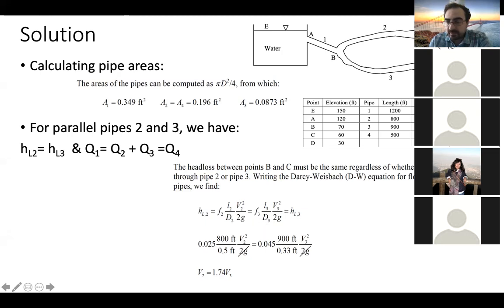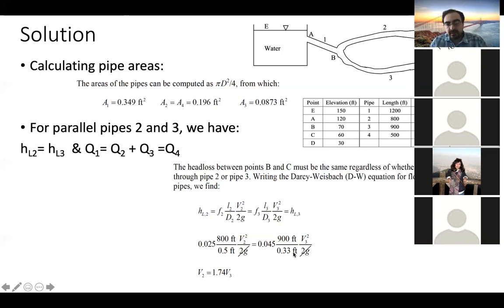F3, based on this table, is 0.045 for pipe 3, times the length of pipe 3, which is 900 foot, over the diameter of pipe 3, which is 4 inch, which would be 0.33 foot, times V3 square over 2G.